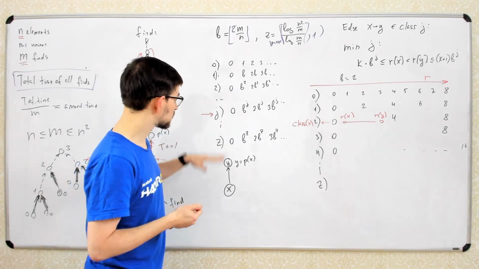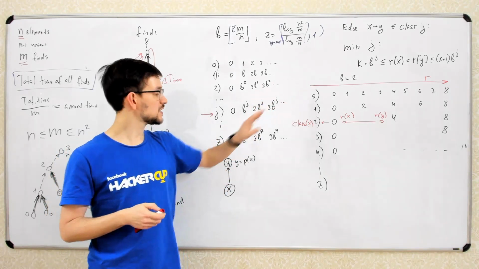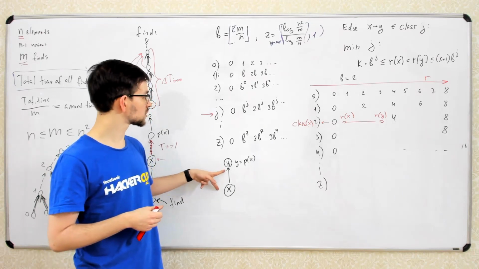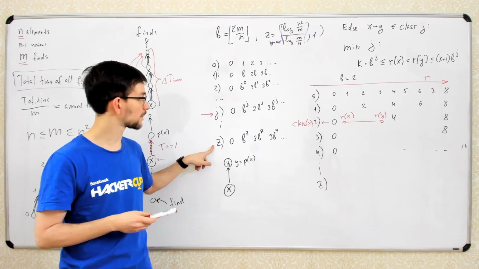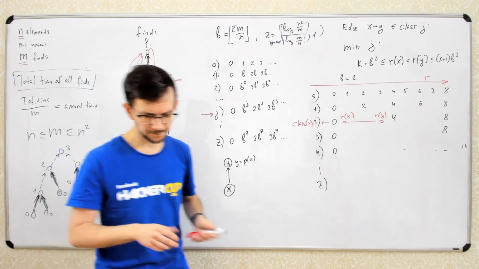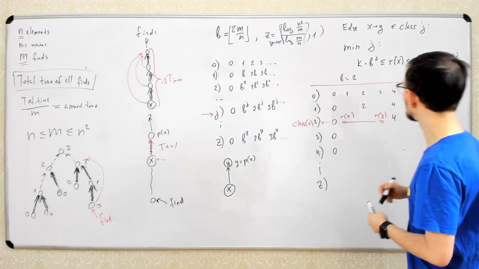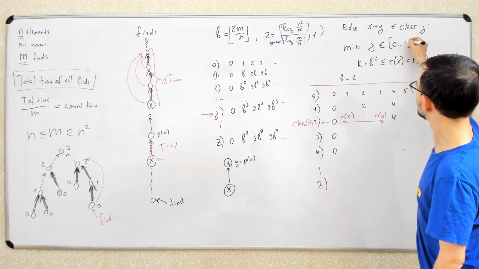For some edges, we cannot assign classes like this. If the spread between x and y is too big, it may not be possible to find the correct sequence j. This j should be from 0 to z.